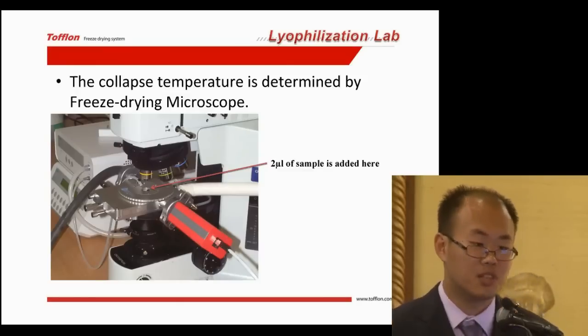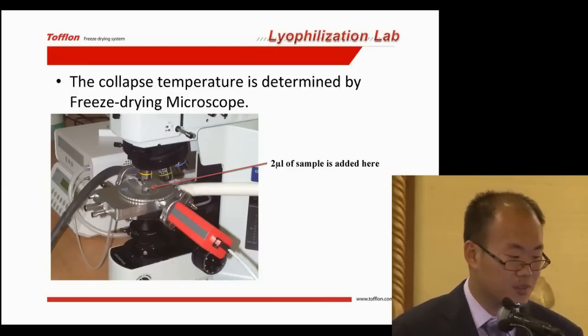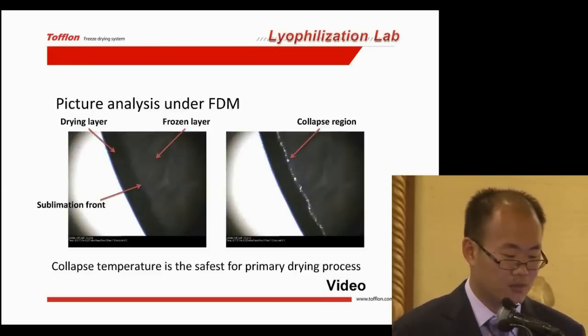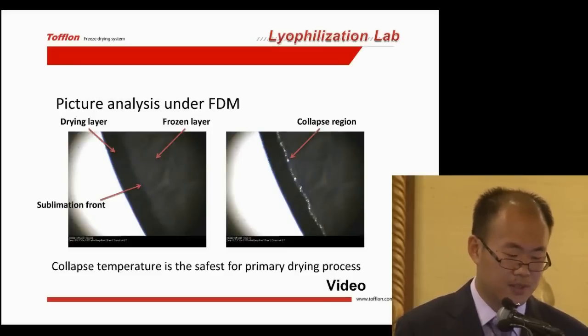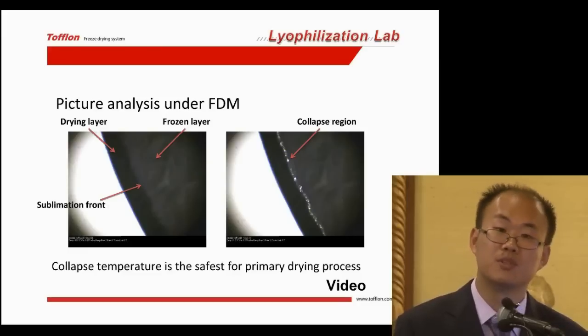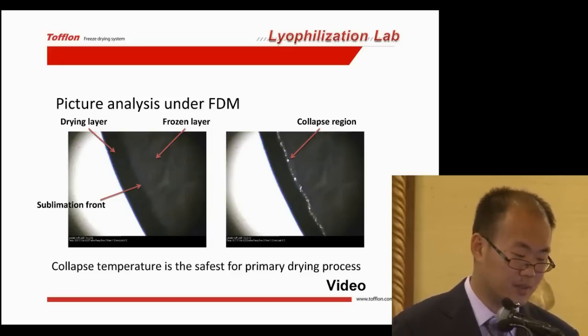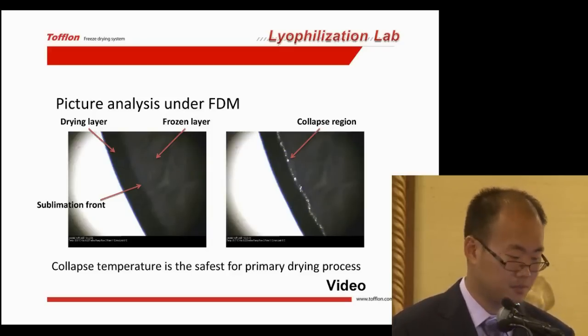But how do we determine the collapse temperature? As in these pictures, this is a freeze drying microscope. We put 2 milliliters of the sample onto the FDM, and through the computer screen, we can see pictures and videos to determine the collapse temperature.